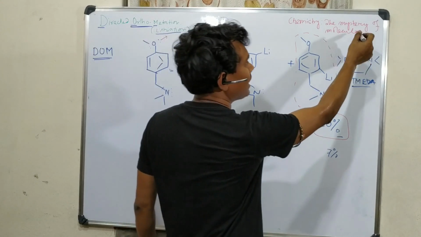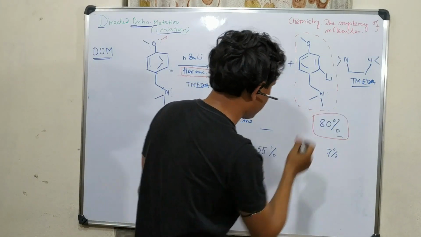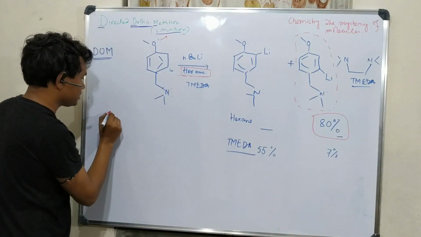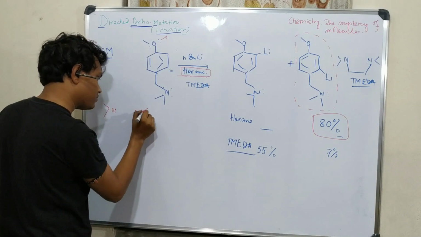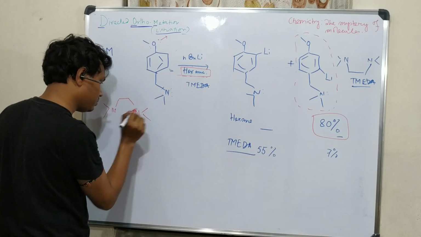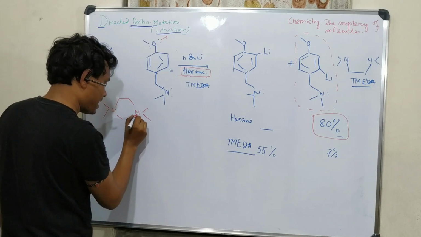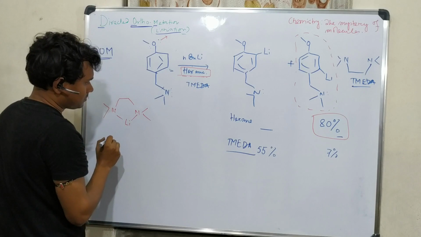But if we put TMEDA, what will happen? This TMEDA will form a dimer with this. I have drawn the structure some time before, so if you forget, please check. And what will happen after that?